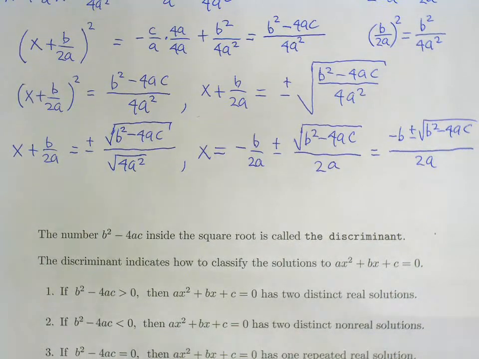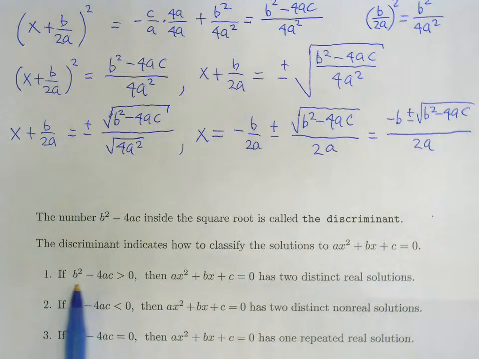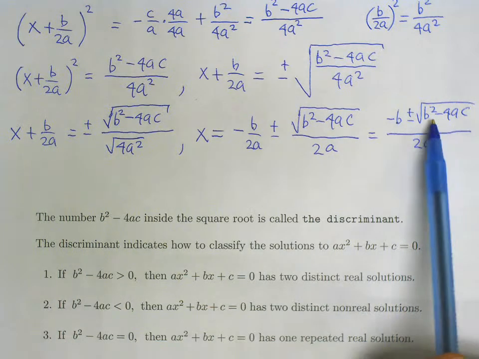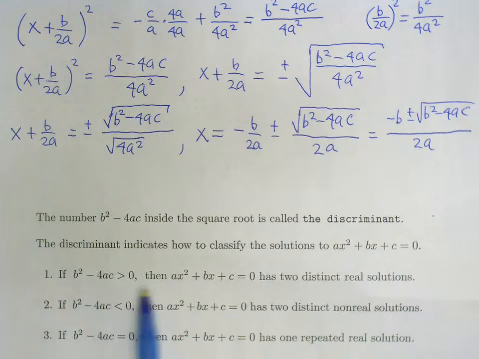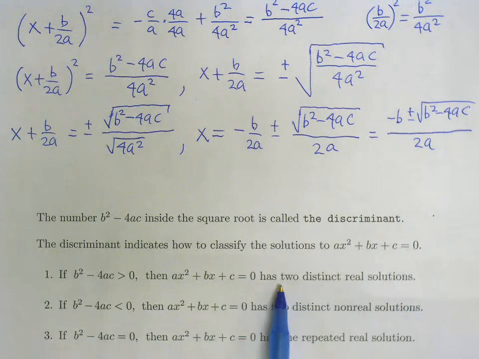Okay, so if we just think about what the discriminant is, the number b to the second minus 4ac, it's inside the square root. If the discriminant is greater than 0, which means that it's positive, then the quadratic equation, ax squared plus bx plus c equals 0, has two distinct real solutions, or two different real valued solutions.